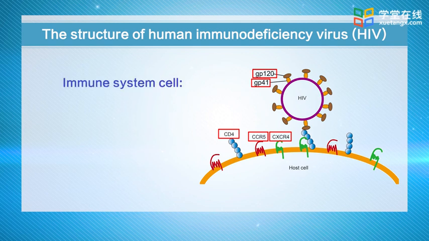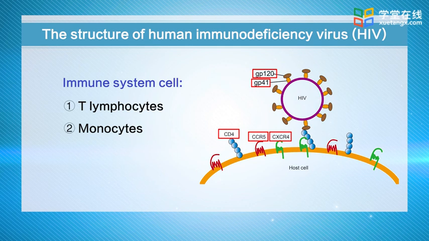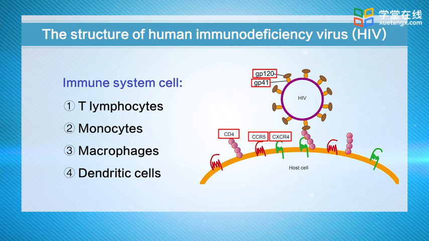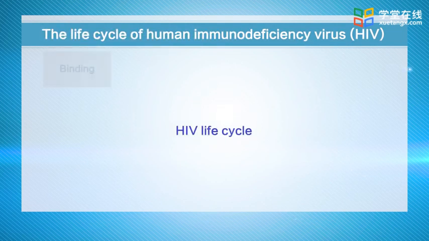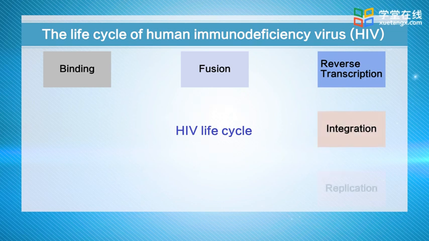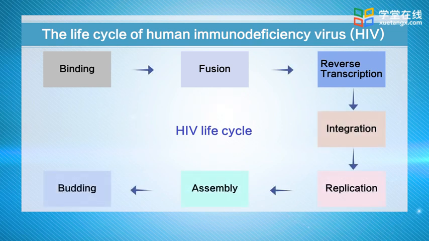Immune system cells including T lymphocytes, monocytes, macrophages, and dendritic cells each have a CD4 receptor on their surface. HIV infects cells by using the CD4 molecule as a receptor to multiply and spread throughout the body.